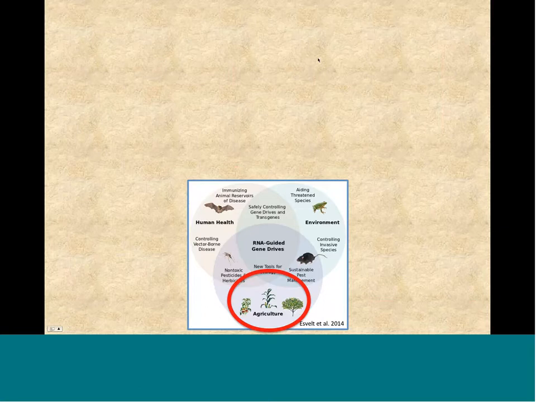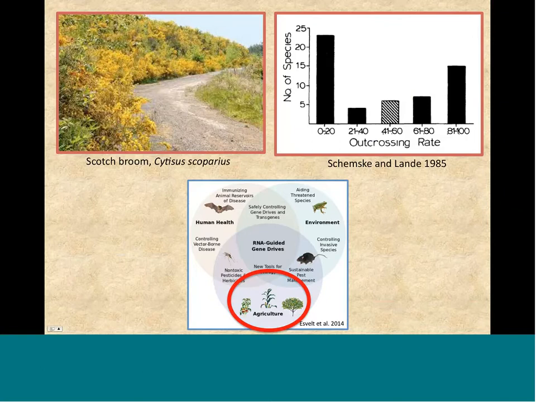So there are some weeds where the use of gene drive could be interesting. This is just a picture of Scotch broom, where there's potential for use of gene drive. But I guess what I want to point out here about plants that's very important is most plants, the male and the female are on the same plant, right?